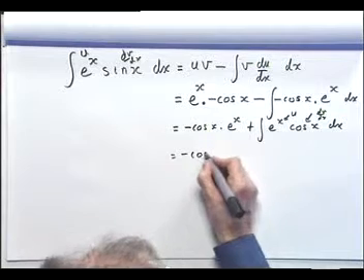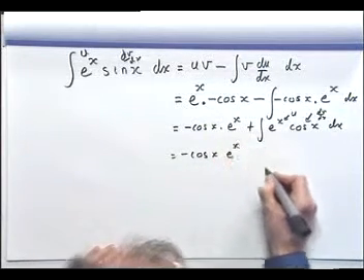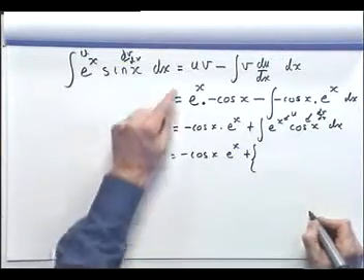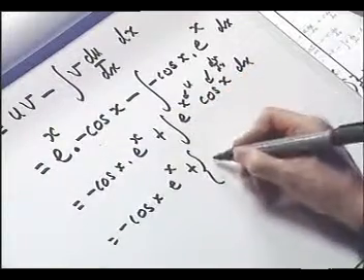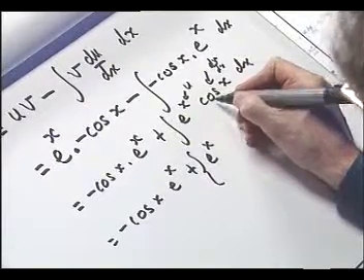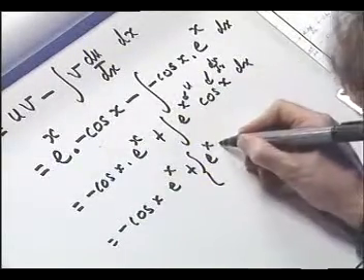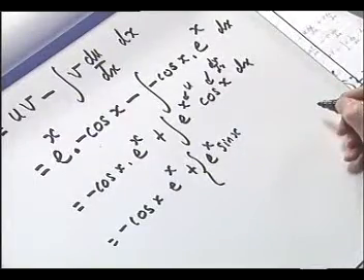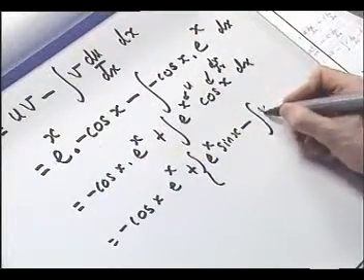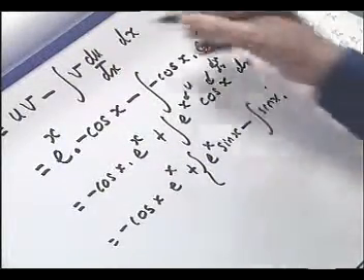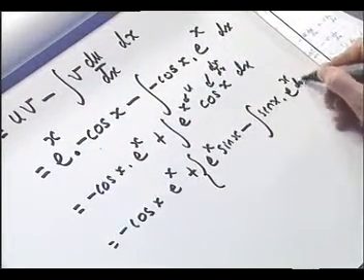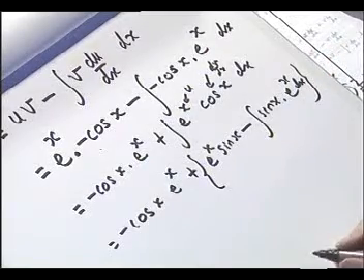So this is minus cos x times e to the x plus, and a bracket, uv, u is e to the x, v, well, v is now the integral of cos x, and the integral of cos x is sine x, minus the integral of v, which is just sine x, times du by dx, and du by dx is e to the x dx, and close the bracket.